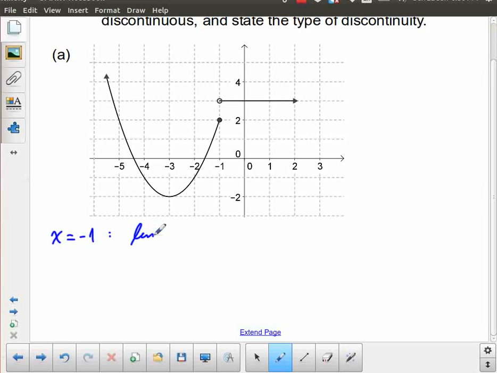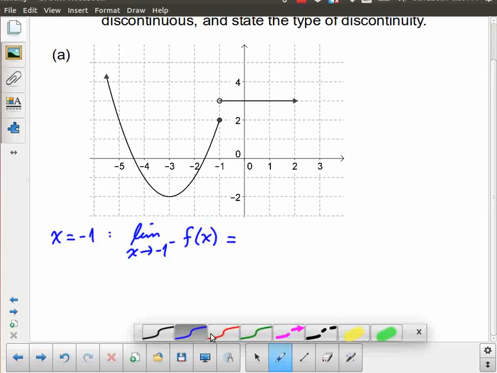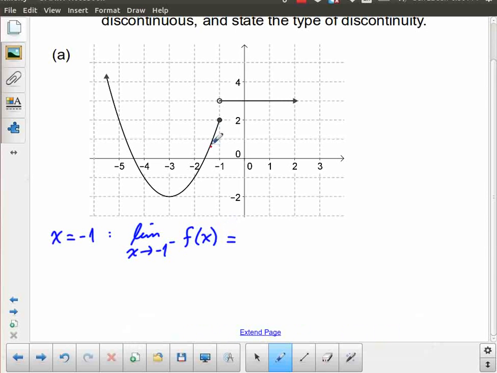So we take the limit as x approaches negative 1 from below of, and I'm just going to call this f of x, and that is going to be along here approaching this value. So it looks like it's approaching the value of 2.